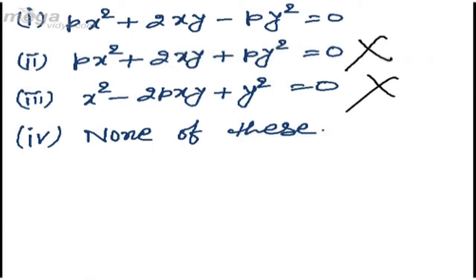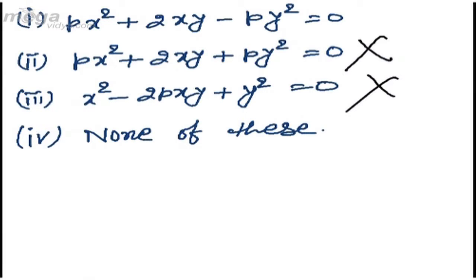So now we will check for the first. See here, a plus b, that is p plus minus p, this will give you 0. It means this could be our option. But student, here also we can't guess. Reason is the fourth option, none of these, because maybe sometimes it will be something else.